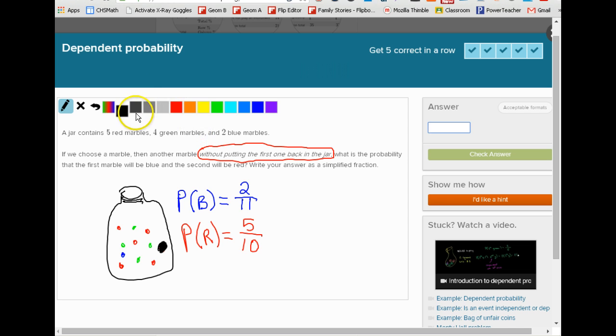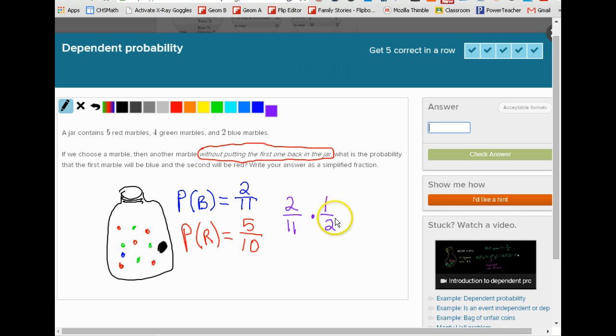Now when we find multiple probabilities to find the total probability, we're going to multiply. So we would say 2 over 11 times 5 over 10, that's 1/2. So I'm just going to make this a little bit simpler and go 1 over 2.